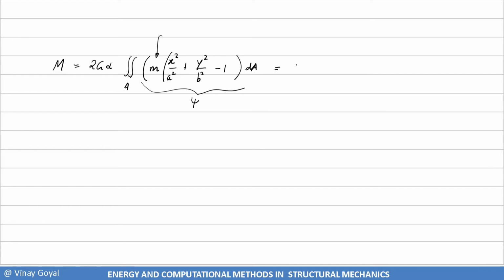So this is going to be G pi a cubed, and I know it because I worked on elliptical cross sections before, a squared plus b squared times alpha. So the cool thing about this, we actually found the torsional constant for this problem.